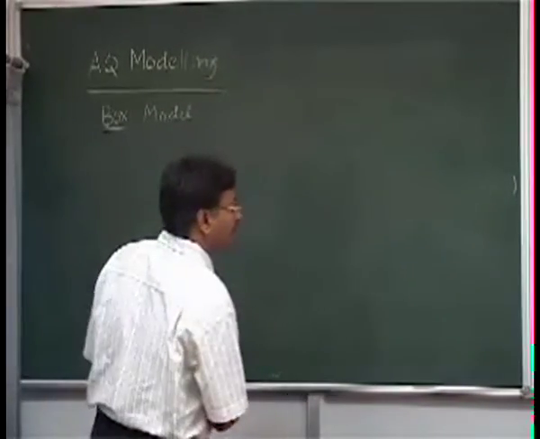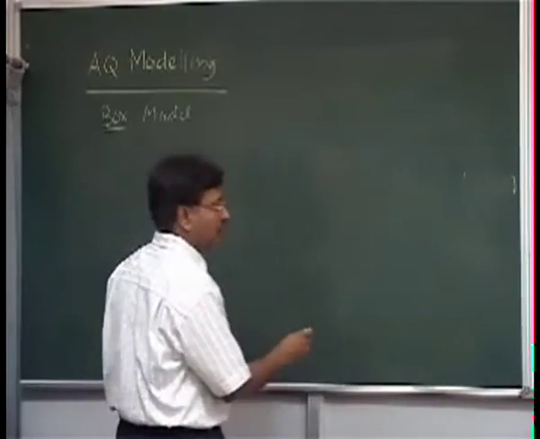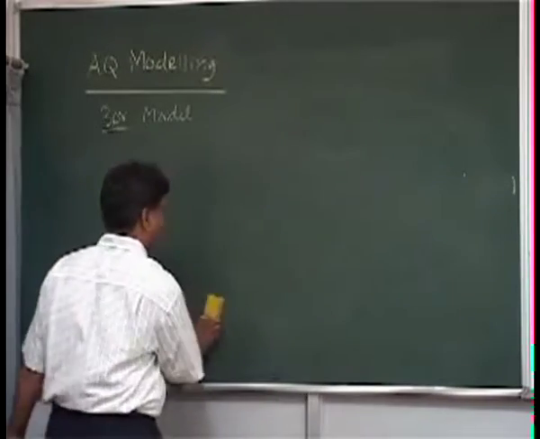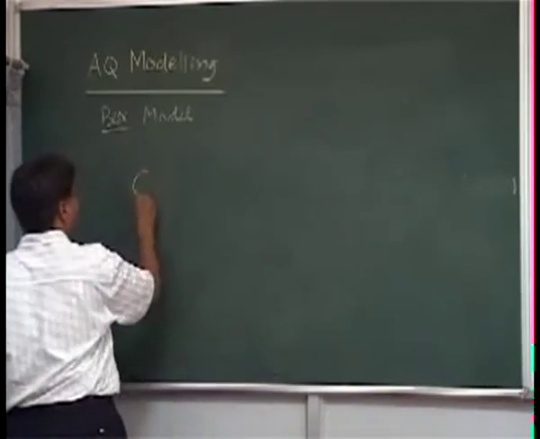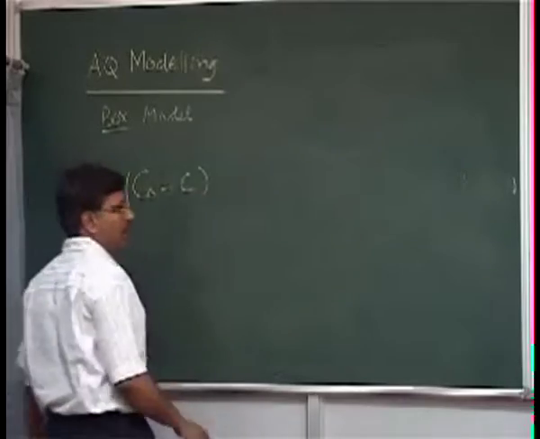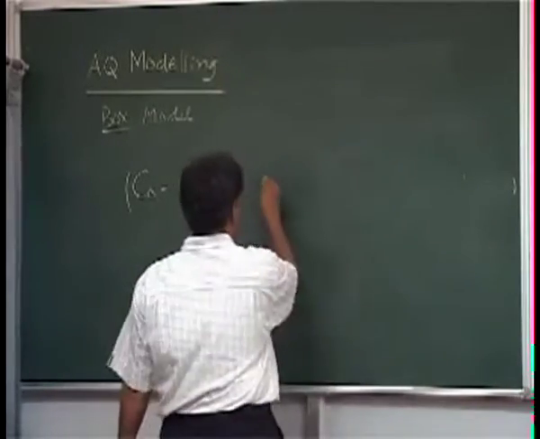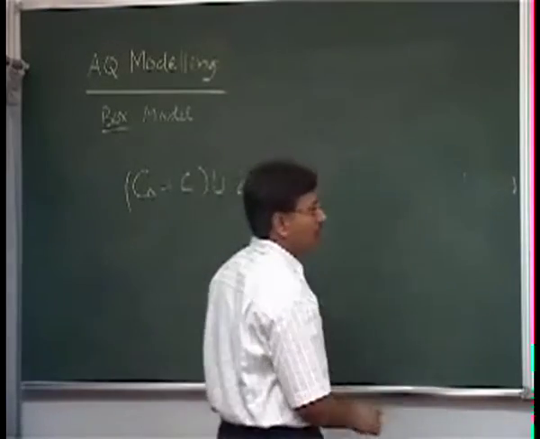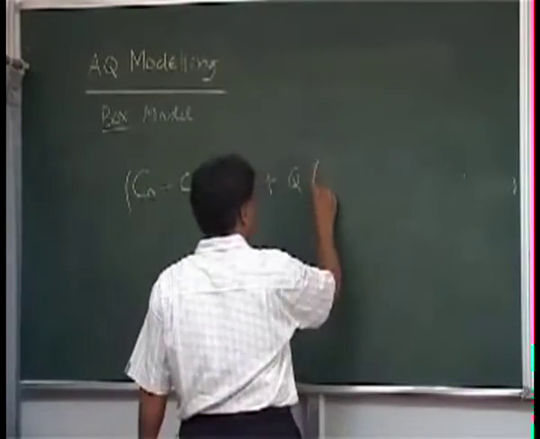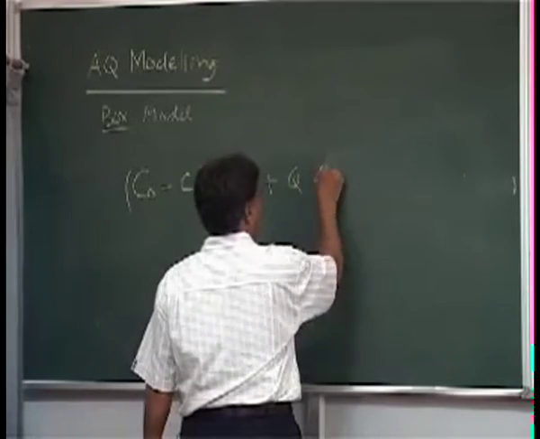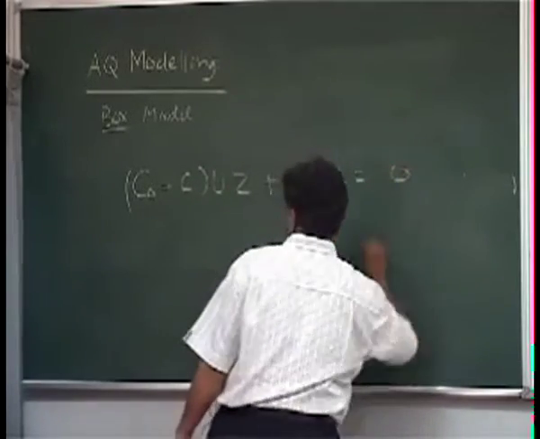Okay, let's do that. You can say C naught minus C times U times Z, plus Q times delta X equals 0.